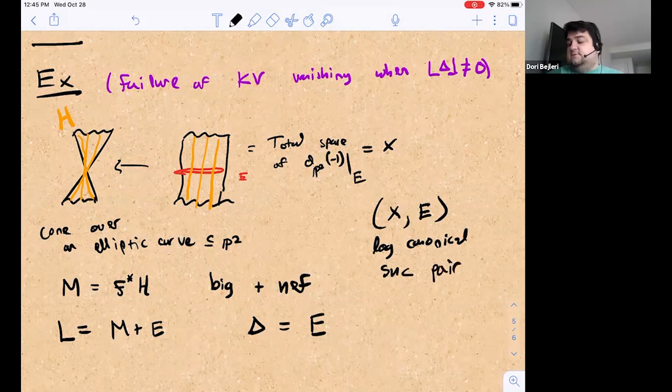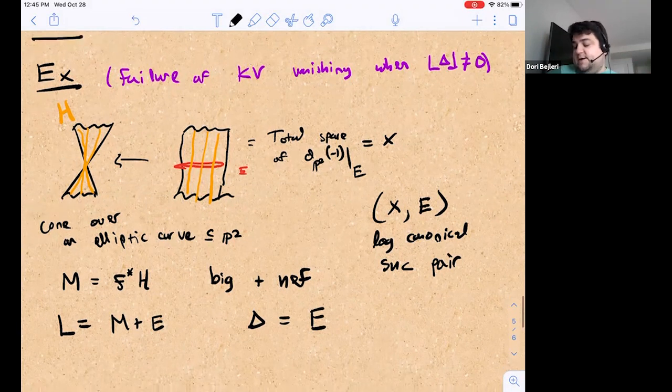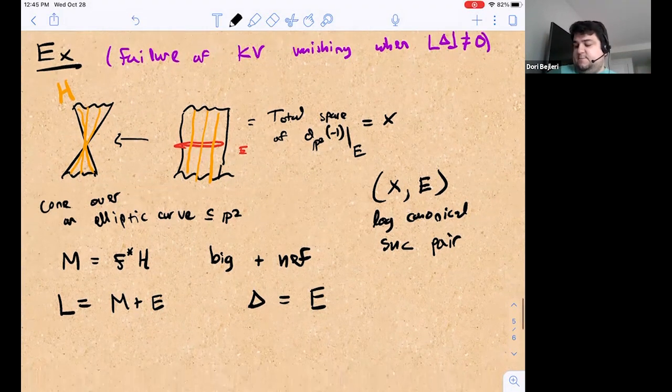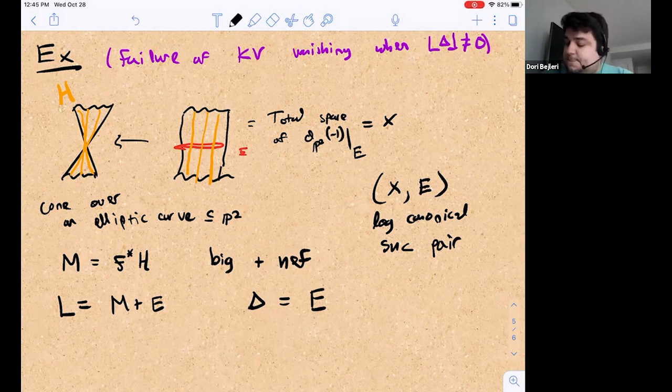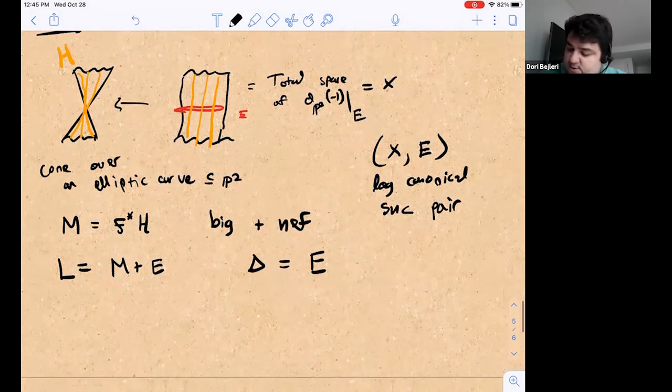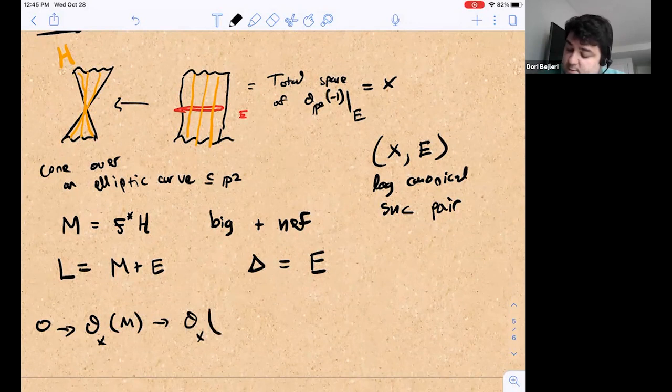In fact, it's a little better. It's DLT. But okay, so that's our divisor. Now the claim is that the cohomology of this L does not vanish, even though it's of the form big and nef plus boundary. So to see that, we're just going to write down the sequence for twisting by E.